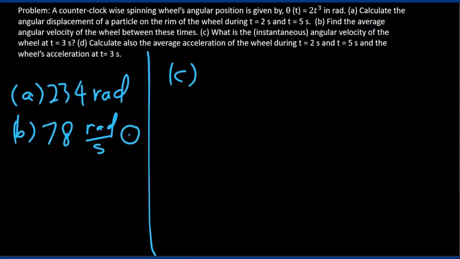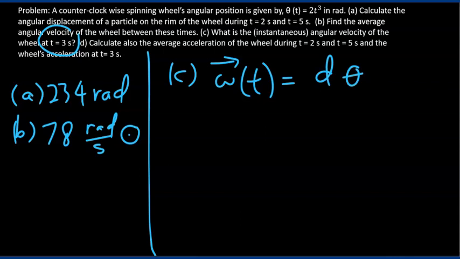Now the instantaneous angular velocity at t equals 3 seconds. Instantaneous angular velocity is given by the time rate of change of the angular position, and of course, since the wheel is turning counterclockwise, the direction of this angular velocity is out of the plane.